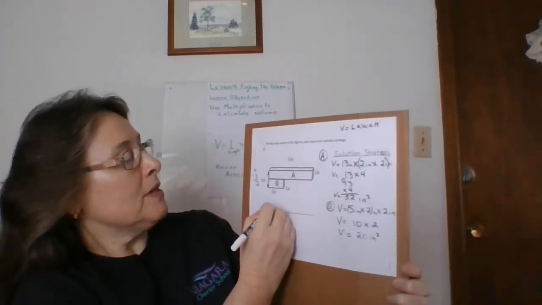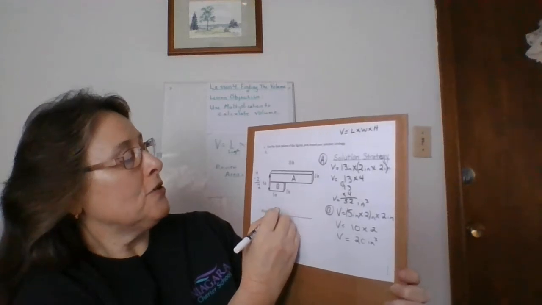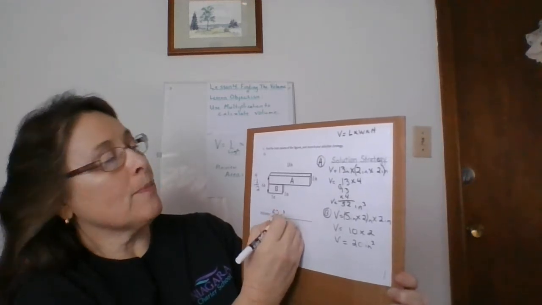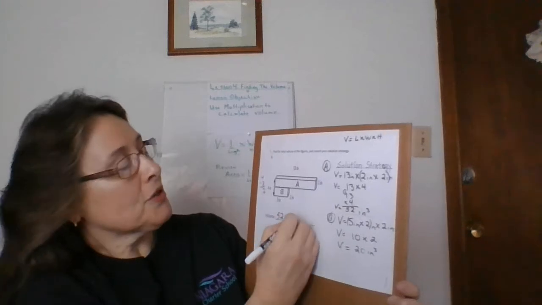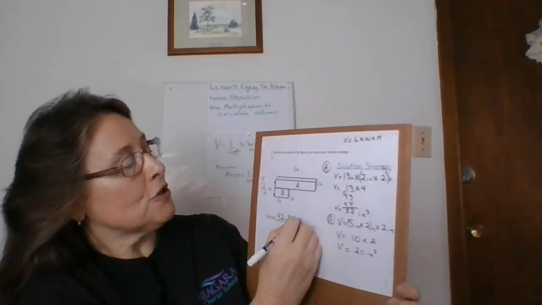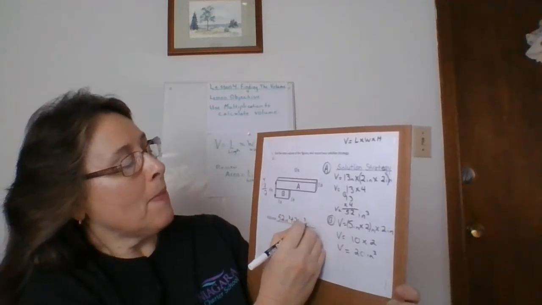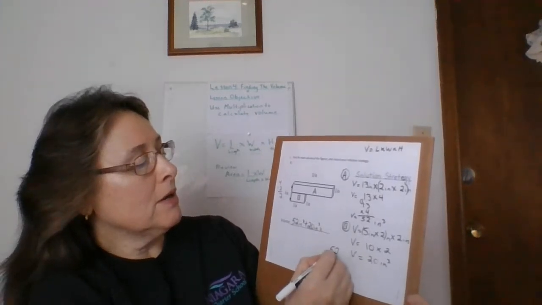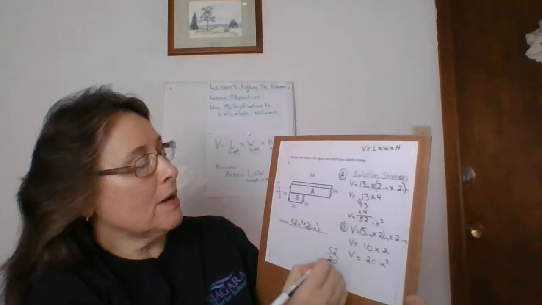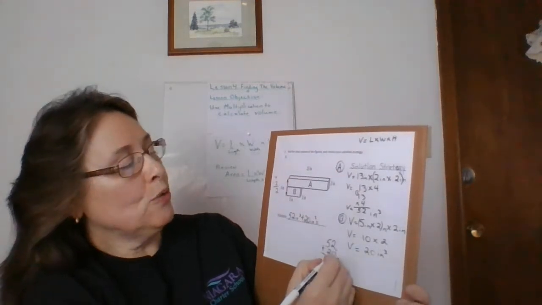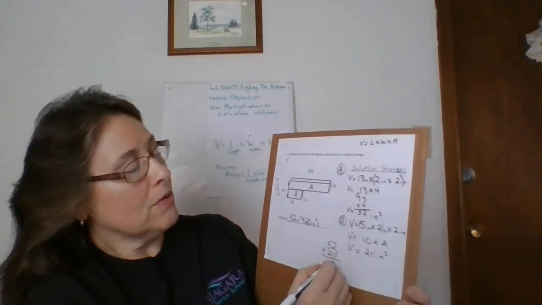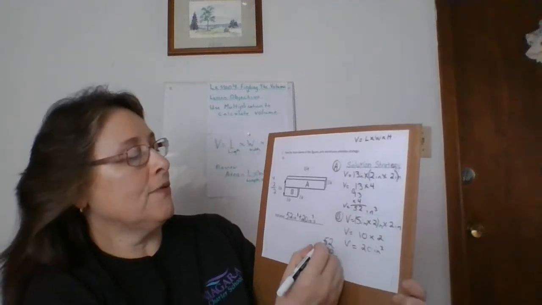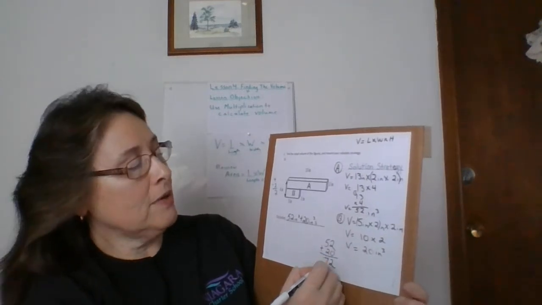So my volume is equal to the 52 inches cubed from part A plus my 20 inches cubed from part B. So if I put those two down here, let's do the computation. 2 plus 0 is 2, and 5 plus 2 is 7.